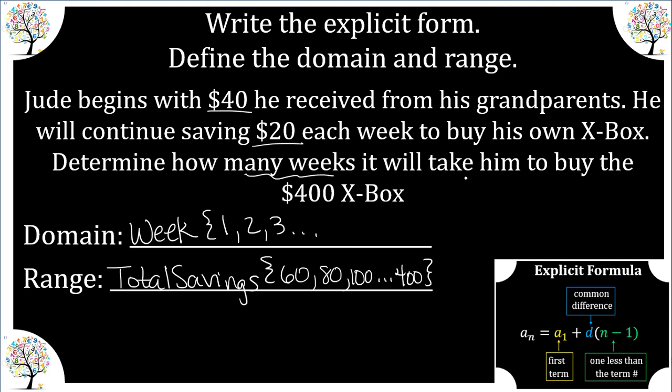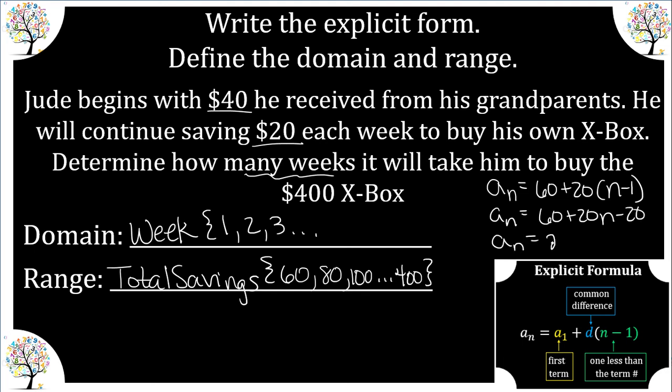So now we need to write our explicit form. A sub n equals our first term, 60, plus 20 times n minus 1. Distribute and combine. So we want 400.